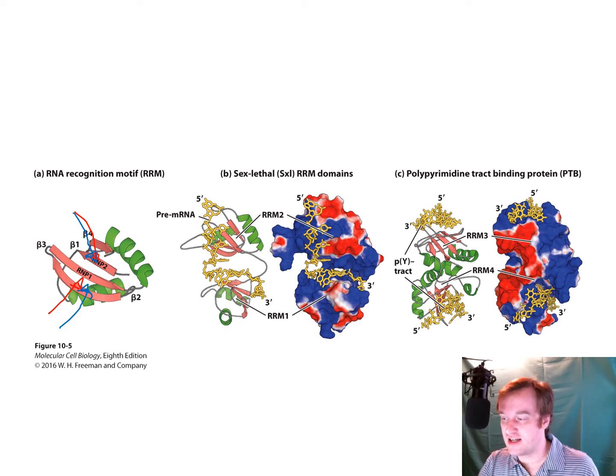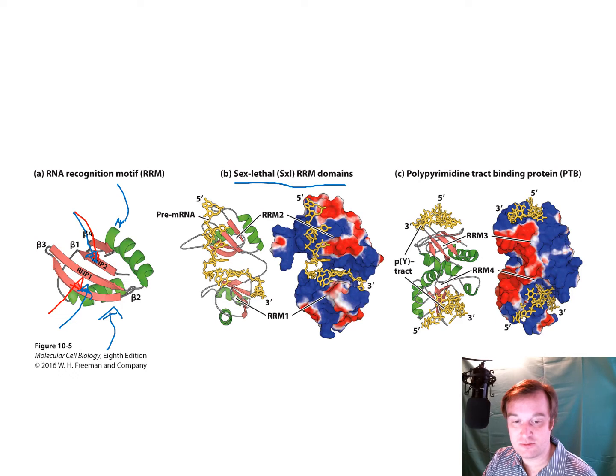The structure of this RRM domain is two alpha helices that are in the green, right here, one there and one kind of behind there, and four beta strands, which are red, including those RNP1 and RNP2. The two RRM domains in Drosophila Sex-lethal are our second example here, B. As you can see, we have our ribbon structure and then our 3D structure, and they're mapped, RRM1 and RRM2.